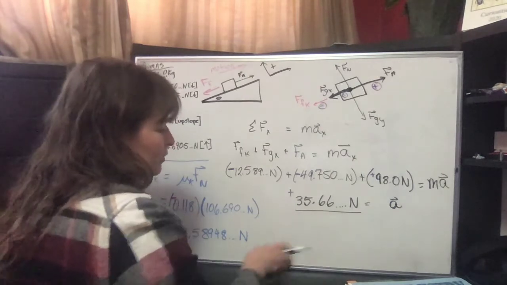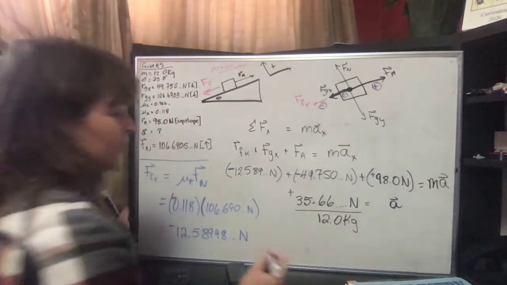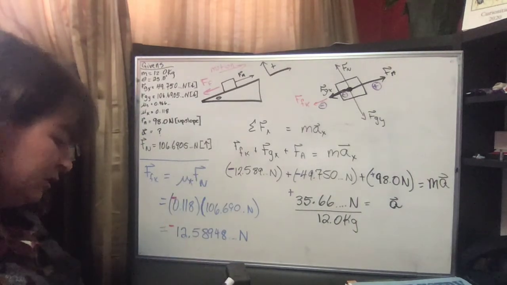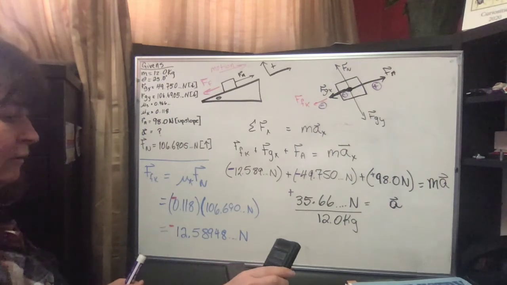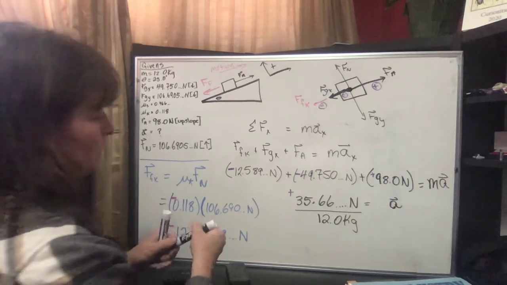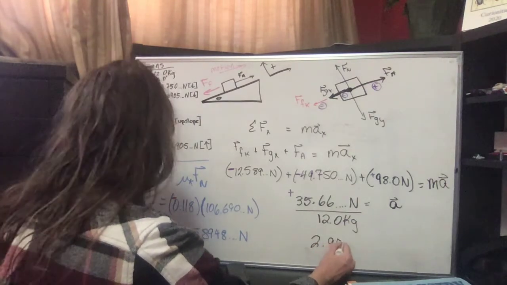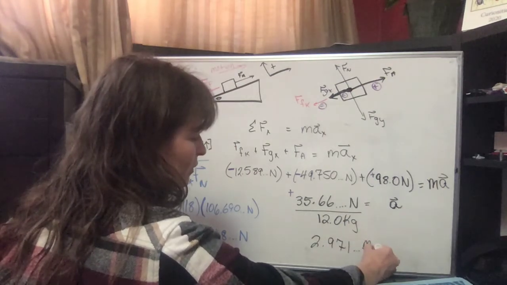So, saved in my calculator with all those digits, divide by 12 kilograms, gives me my acceleration: 2.971 yada yada yada meters per second squared.